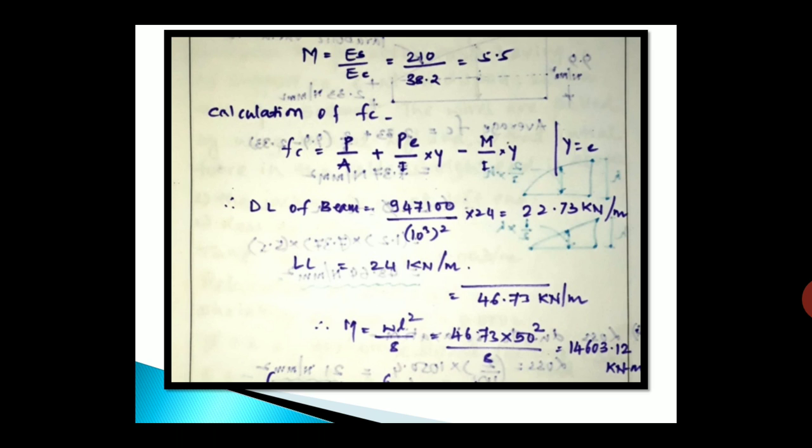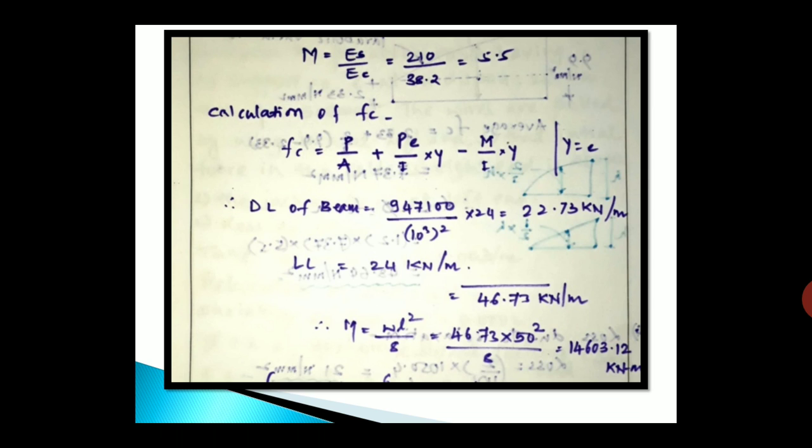So these steps also in the previous examples we have done. So dead load of the beam, area multiplied by 24, which we assume as density, we get as 22.73 kilonewton per meter. Live load is given as 24 kilonewton per meter. So you have to convert that area from mm square to meter properly.